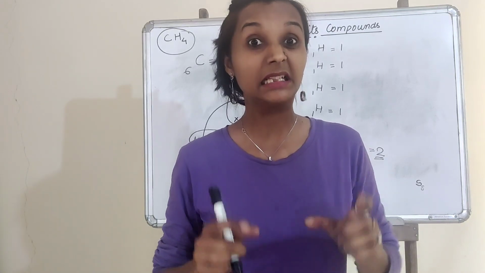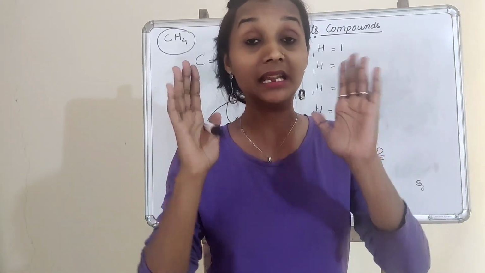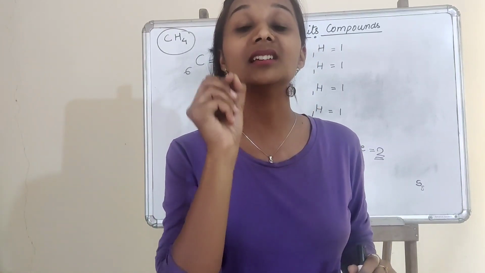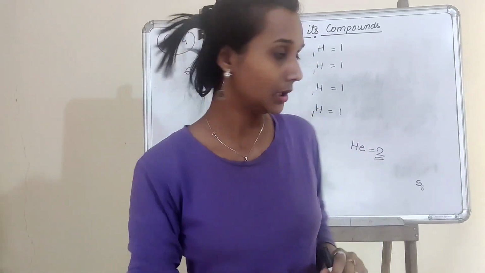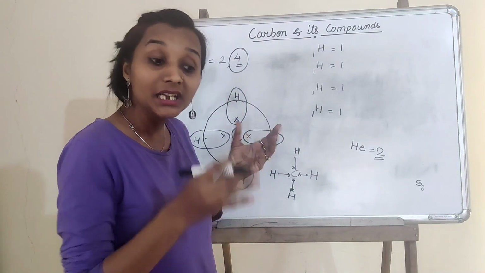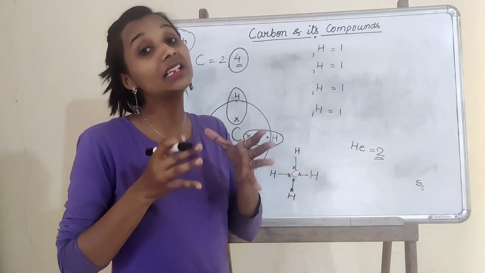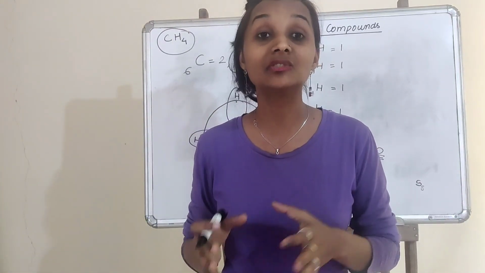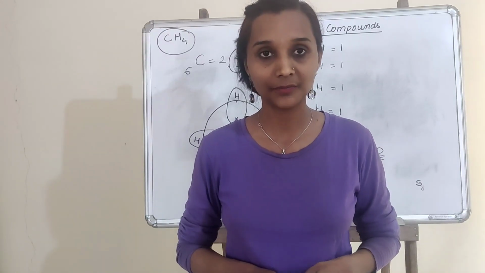I feel these many examples are enough to understand only one concept, what is a covalent bond. The bond which is formed due to equal sharing of electrons is known as a covalent bond.